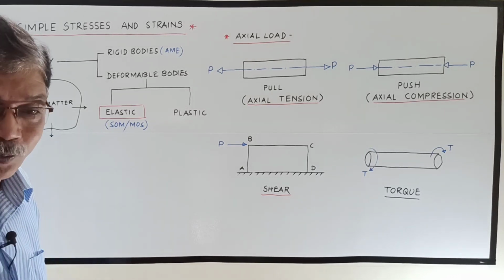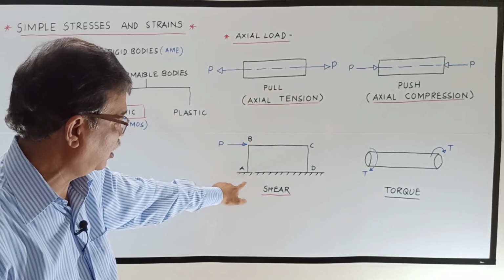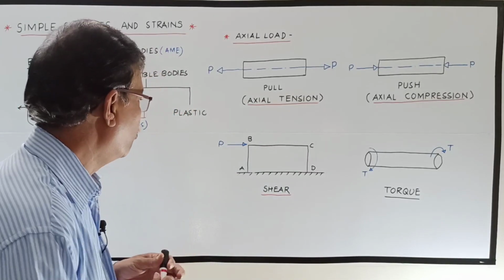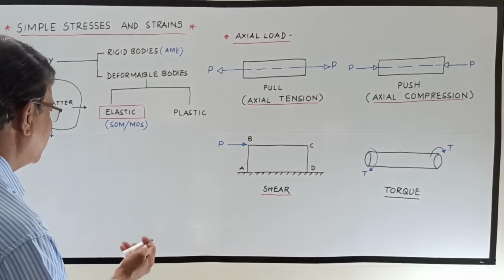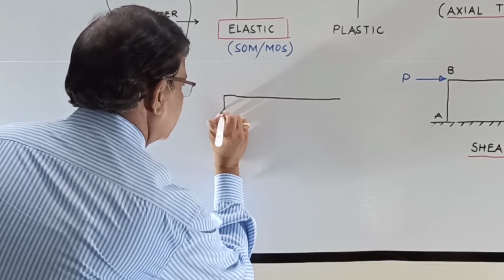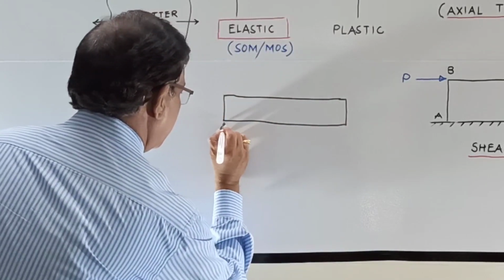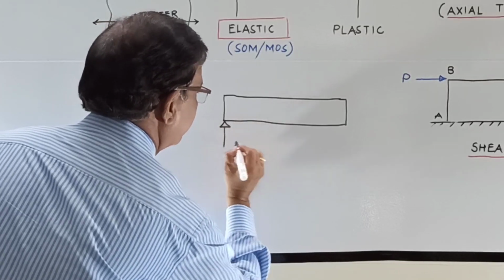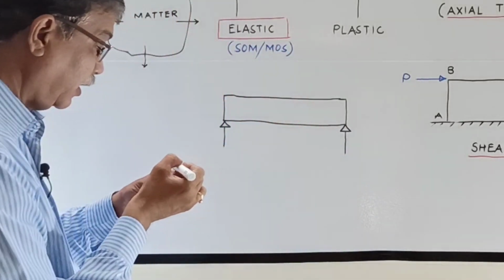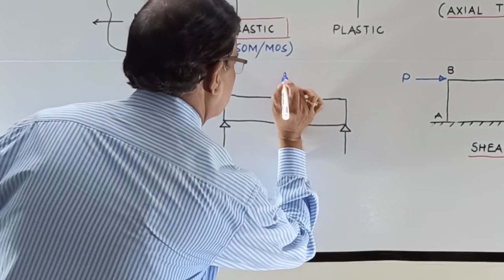Now, these are axial loads, axial pull, axial push. This is tangential load, that is shear, and that is the torque. One more type of load is like this. This is a member of elastic material, say it is a beam like this, and it is subjected to the load like this.